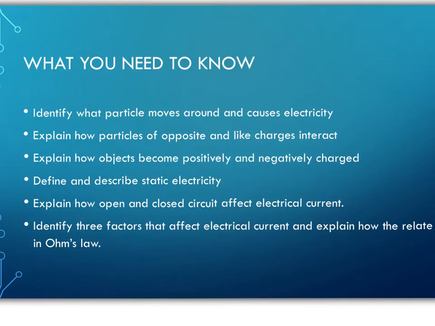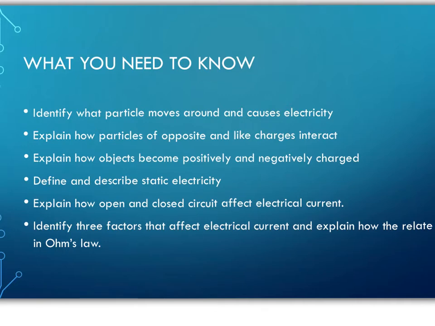So I thought I'd start this time with what you need to know. Here's about 6 things that are really important that I'll cover in these video notes, and we'll also be covering them in class. You need to be able to identify parts of the atom that move around and cause electricity. You need to tell me how charges interact, how objects become positively and negatively charged.